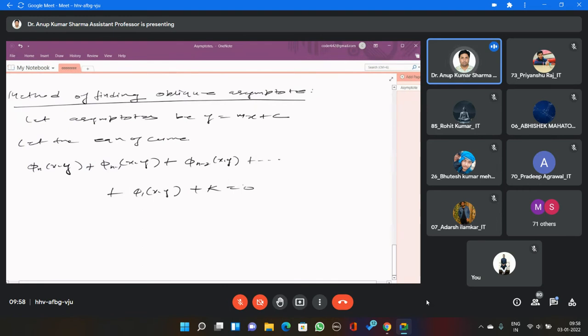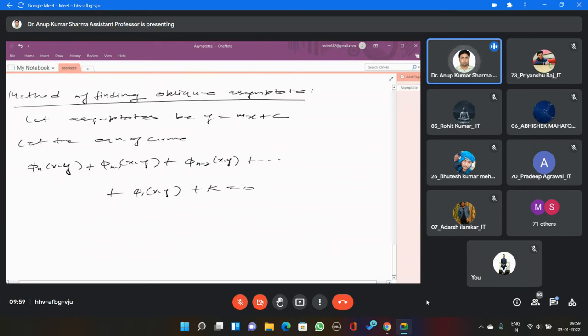In this case, we have to assume values to find the asymptotes. We have to transform this, so we assume x is equal to 1 and y is equal to m, small m.